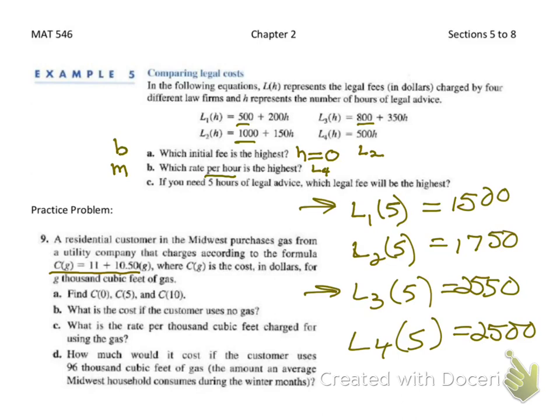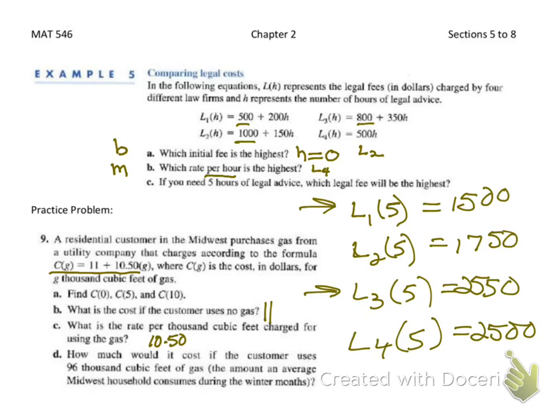Okay, so what is the cost if the customer uses no gas? So that means the gas consumption is 0, the cost is still 11. What is the rate per 1,000 cubic feet charged for using the gas? So you have to look at your units. Since they are in 1,000 cubic feet, the rate is $10.50 per 1,000 cubic feet. How much would it cost if the customer uses 96,000 cubic feet of gas?